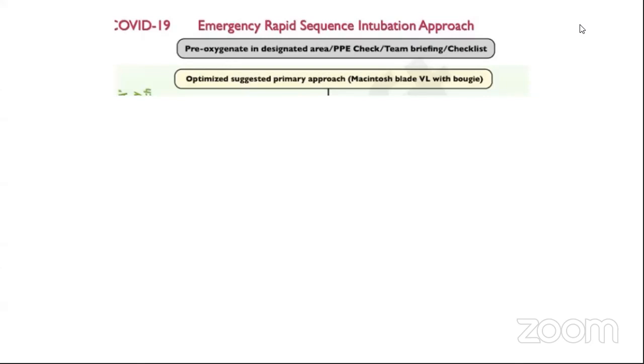What it meant is, don't feel obliged, thinking this is an emergency and I need to intubate this patient immediately, to go in the room unprotected, because this way you are going to harm yourself and you might spread the infection to your colleagues.